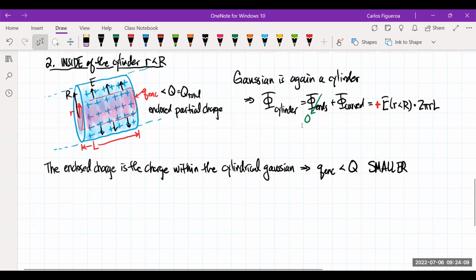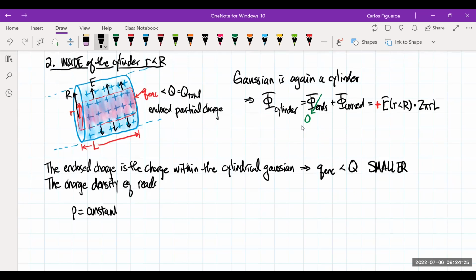So here we go. The charge density equation reads like this. It says that rho is a constant. And if it's a constant, it has to be the total charge over the total volume. And it doesn't matter how we cut it up.